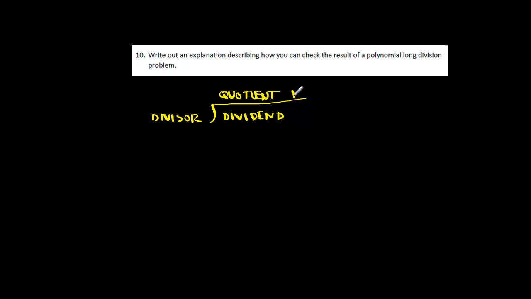And a possible remainder. So let's say we have 10 divided by 3. When you do this out, you get 3 with a remainder of 1.